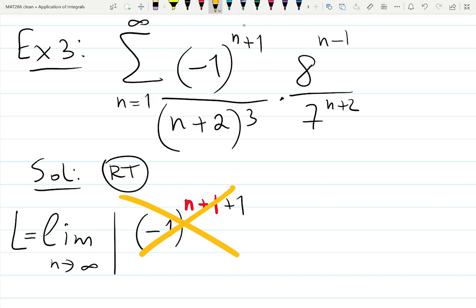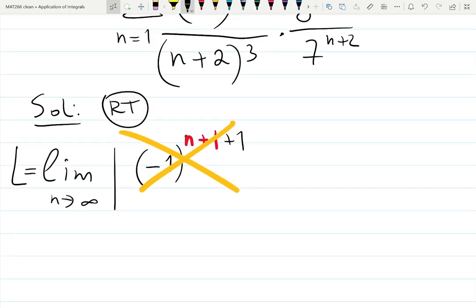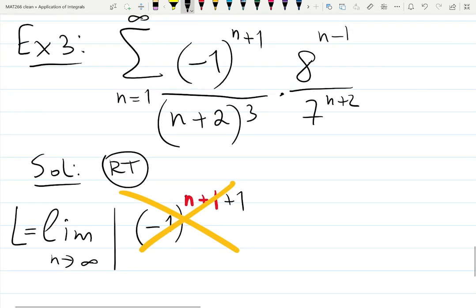Absolute value exists exactly for one reason: not to care about the negative 1 sign. Absolute value is standing there to kick out minus 1. It's not needed, because the absolute value of minus 1 to any power, guess what it is? 1. So I usually don't write it down at all. You should not waste your time and space writing negative 1's powers. What you should spend time on is figuring out the 8 part.